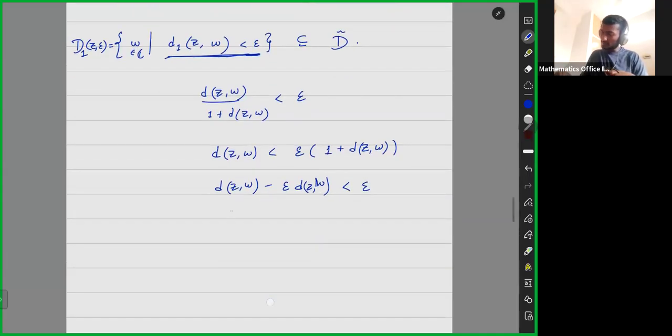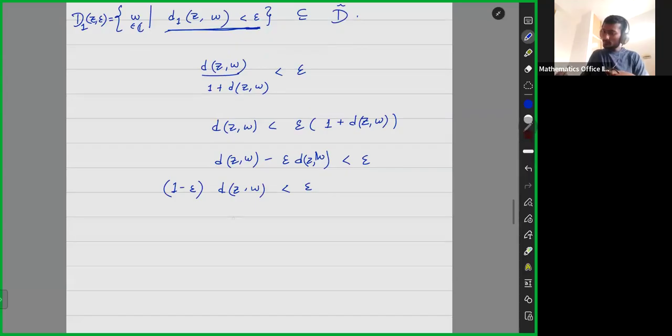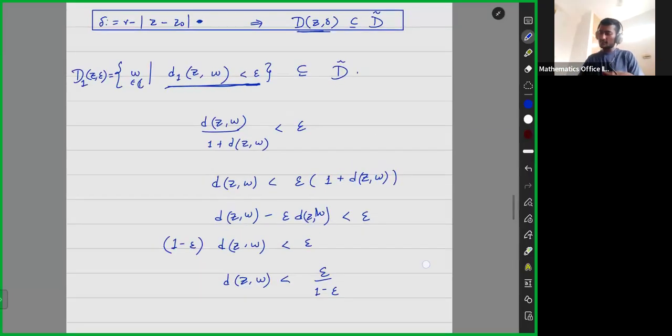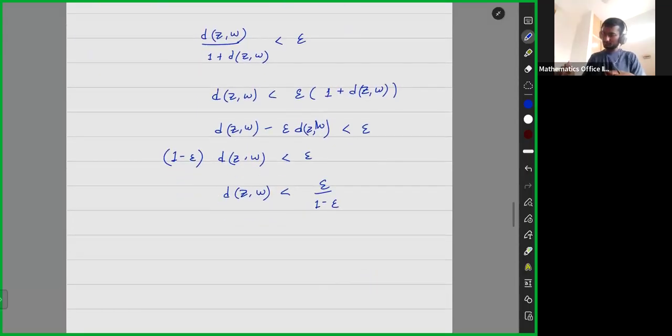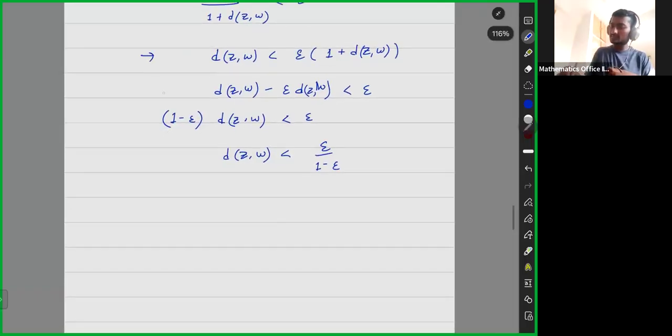So d(Z,W) times (1 minus epsilon), since d(Z,W) is common, is less than epsilon. From here, d(Z,W) is less than epsilon upon 1 minus epsilon. I think till now it is fine. All the steps here are if and only if. Okay, so this is the next line.